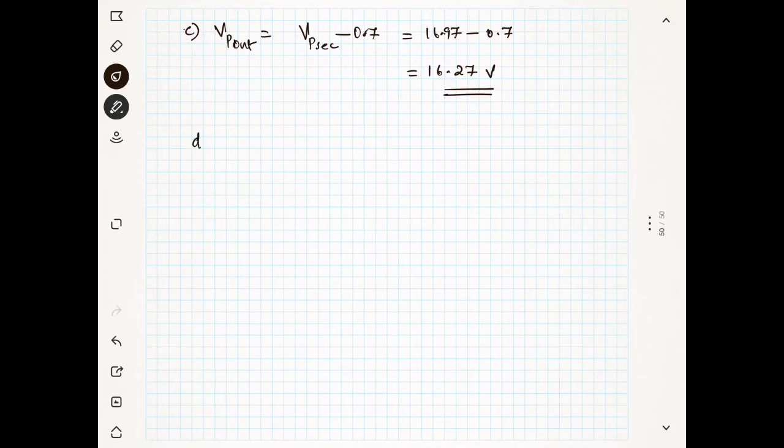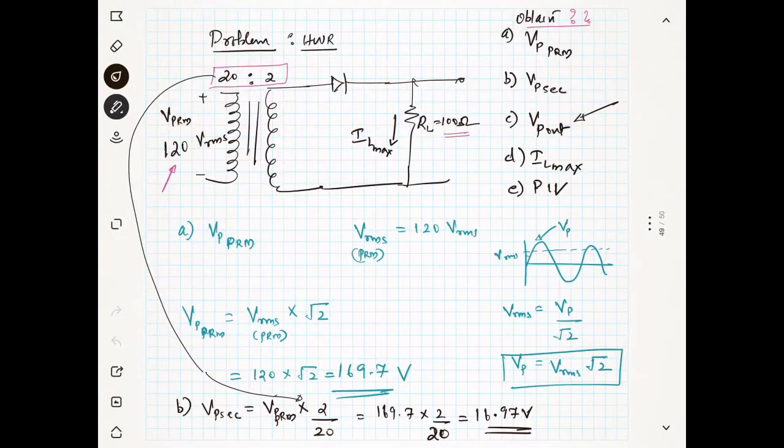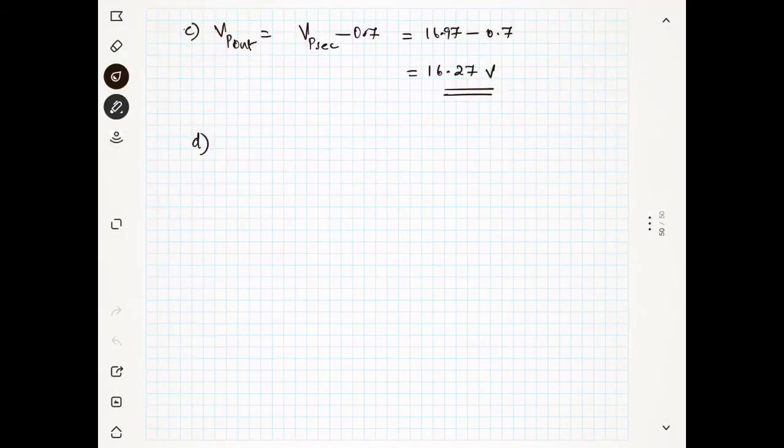The next part of the question is to obtain the maximum current through the load resistance. You know Vp out is the maximum voltage, so the maximum current will be the maximum voltage divided by RL.